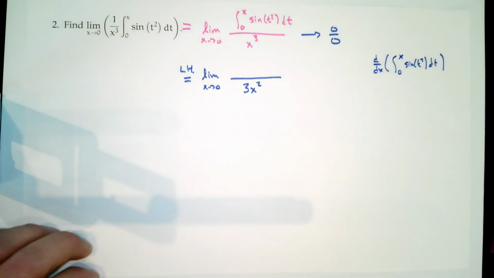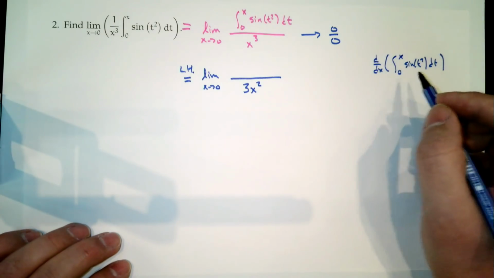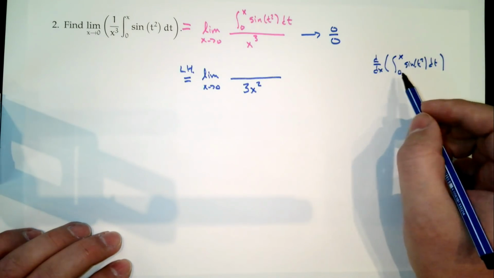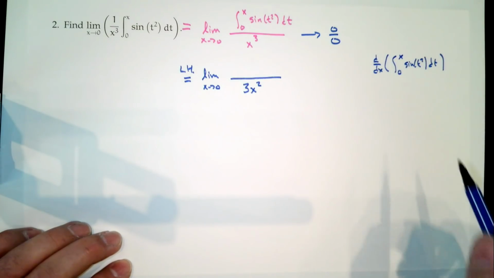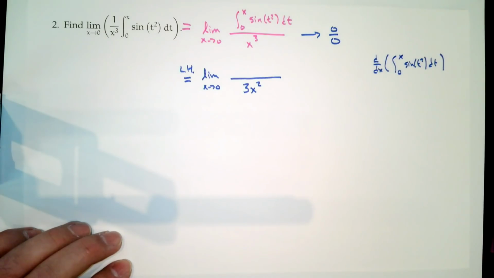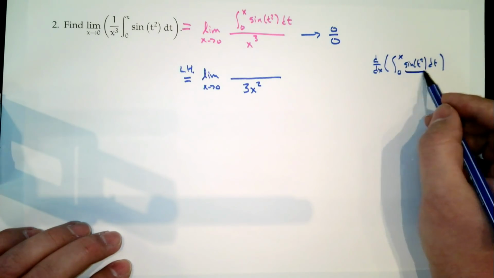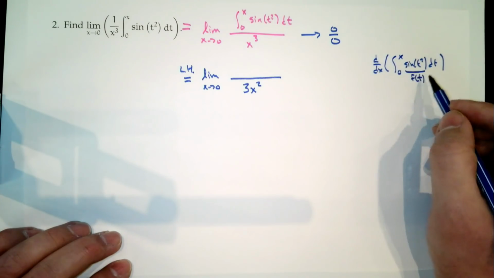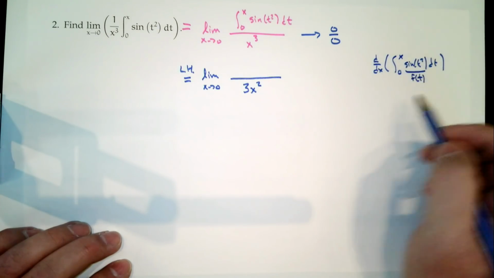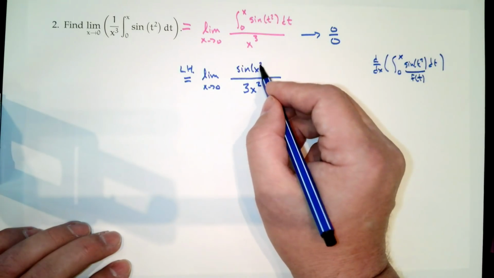Is there something that allows us to find this integral? Something very fun. Yeah, the fundamental theorem. So, this in fact is really tailor-made for the fundamental theorem. Integral from a value to x, sine of t squared. Well, what happens is this is my sine of t squared, that's like my f of t. And the fundamental theorem says, because this is simply x, I get f of x. So that's sine of x squared.